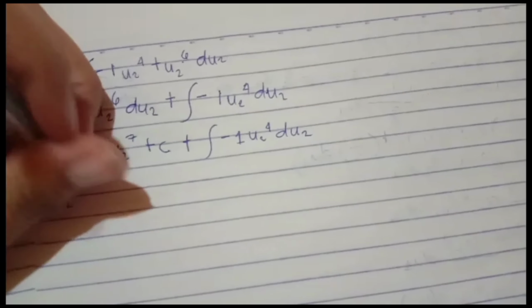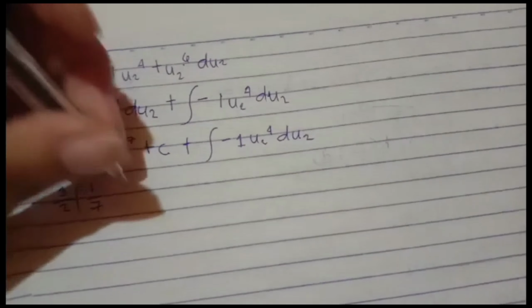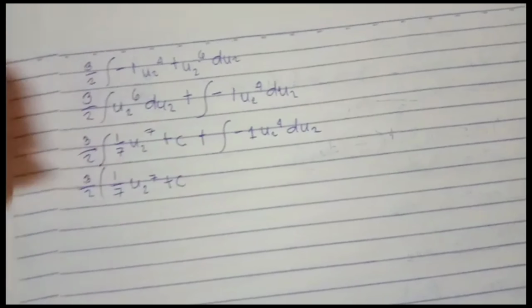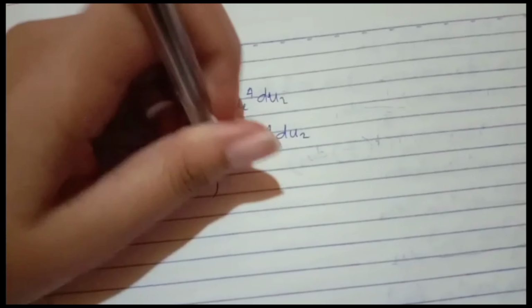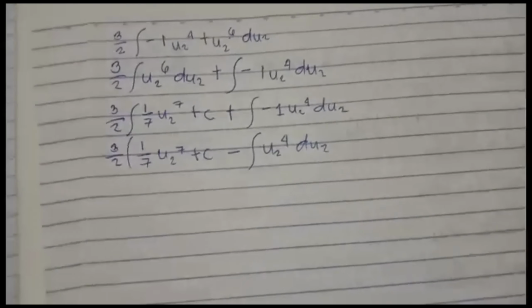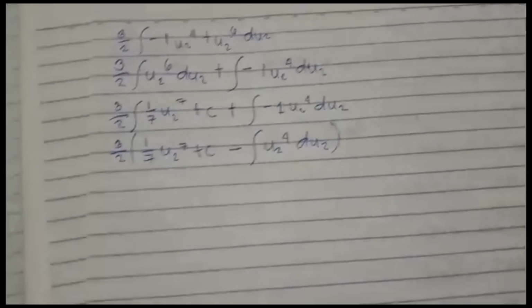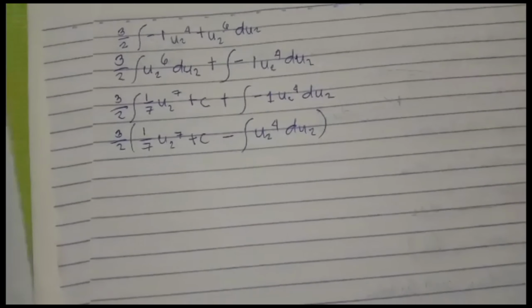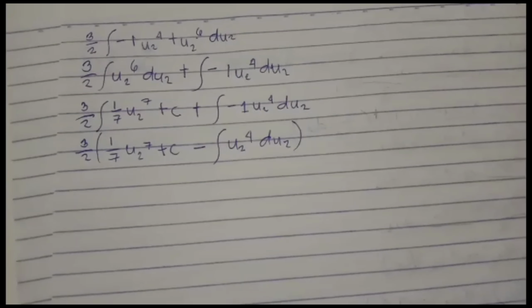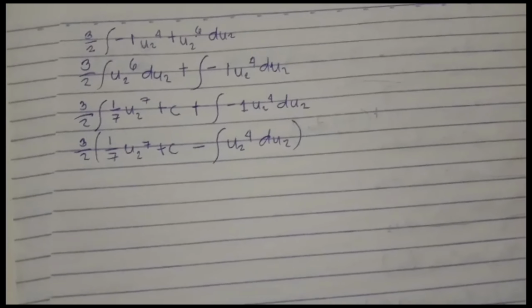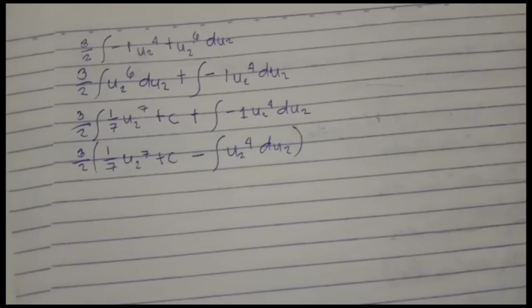Then, by the power rule, the integral of u2 to the 4th power with respect to u2 is 1/5 u2 to the 5th power.